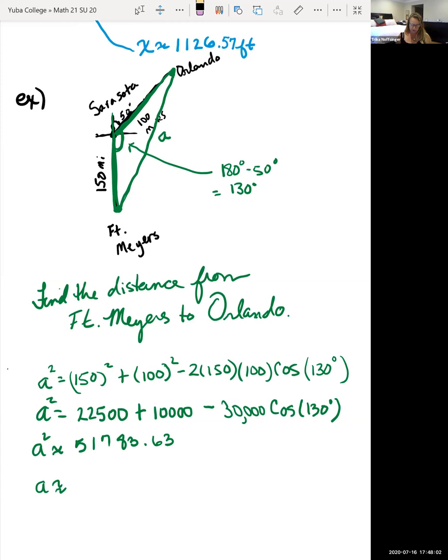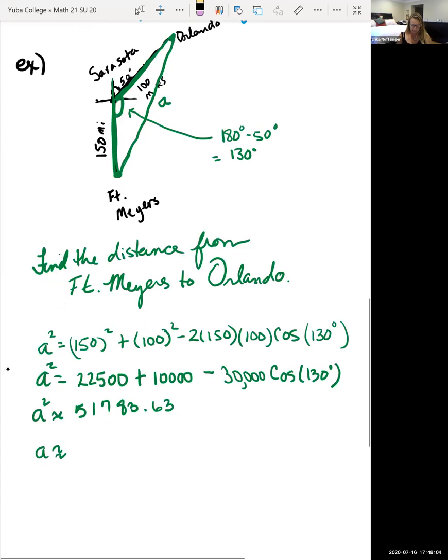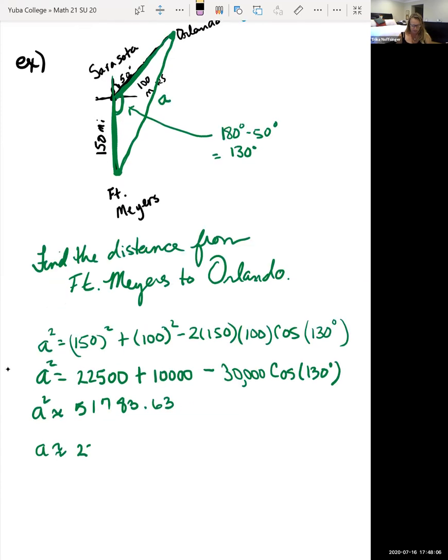And so doing that, we get 227.56 miles. Okay, so that was part A.